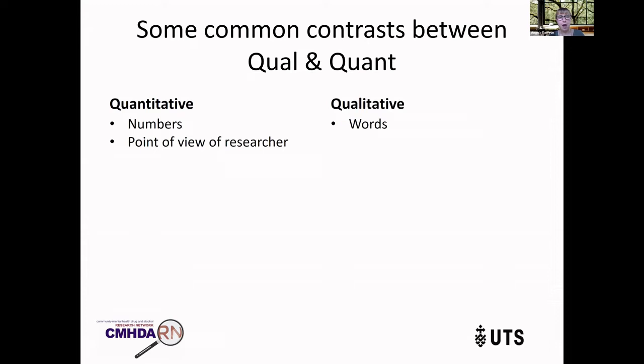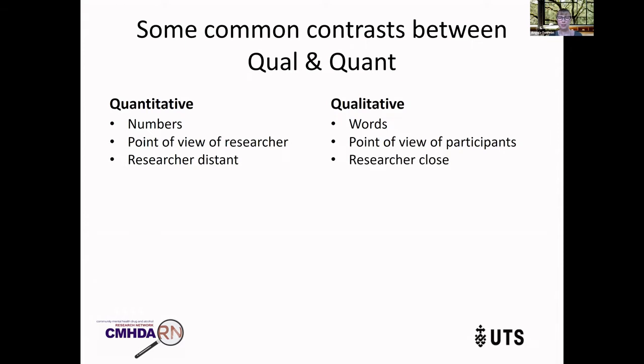In quantitative research, I'm very focused on the point of view of the researcher, whereas in qualitative, I want to know about the participants. The researcher is often distant, or we take an objective stance in quantitative research, whereas I'm up close and personal with my participants in qualitative research. So it's very subjective as opposed to that objective stance.